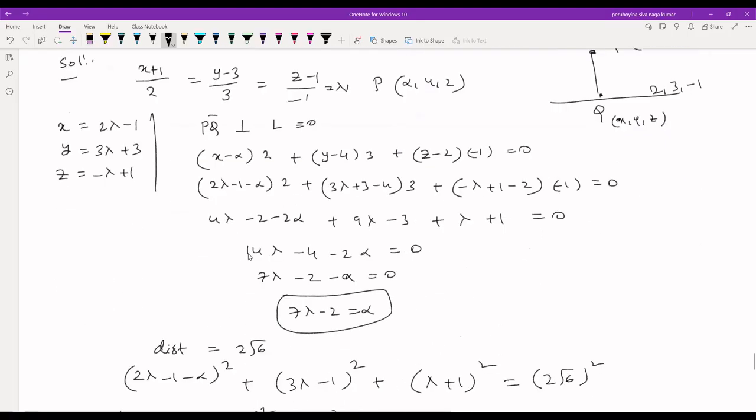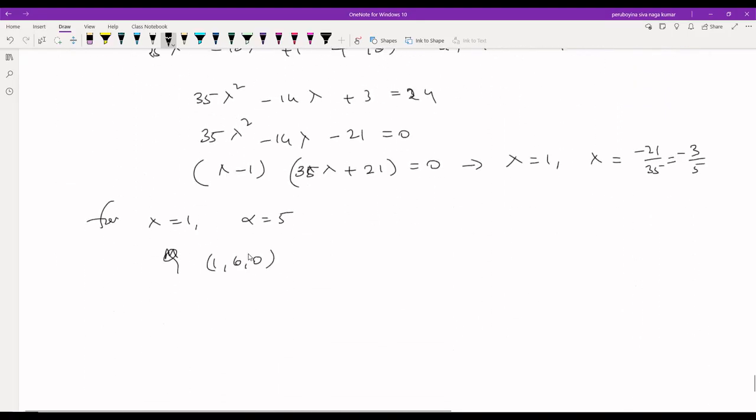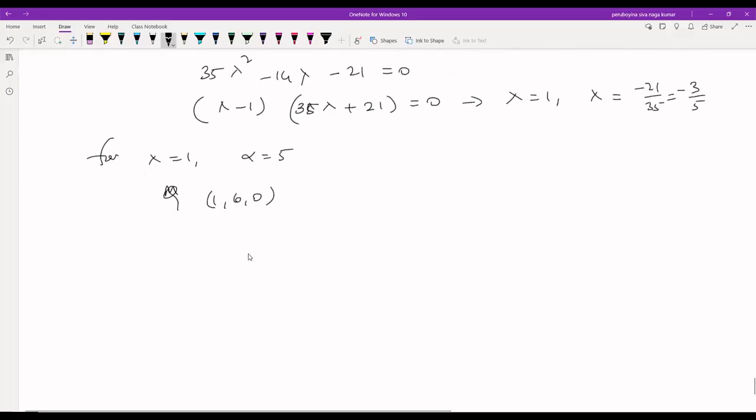Alpha we got as 5 at P for lambda equal to 1. So we will generate the equations: (alpha 1 plus 5) by 2 is equal to 1, (alpha 2 plus 4) by 2 is equal to 6, and (alpha 3 plus 2) by 2 is equal to 0.